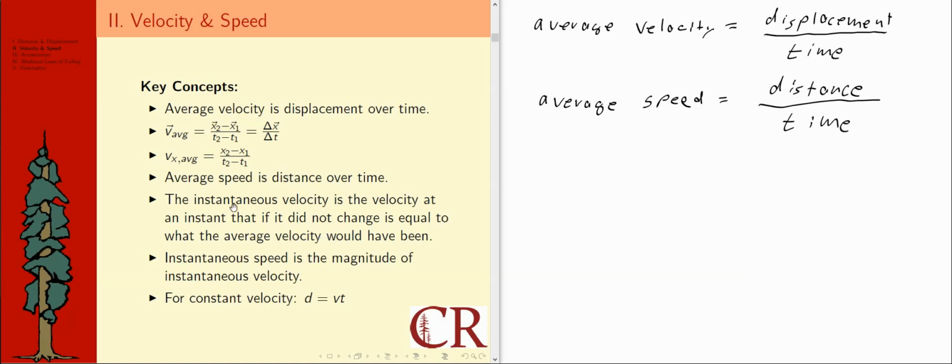So I've presented here a definition of instantaneous velocity: it is the velocity at an instant that, if it did not change, would be equal to what the average velocity would have been. In other words, if I say I'm going at 30 miles per hour north, that could be a velocity because I included direction there. If I were slowing down, my average velocity would be less than that.